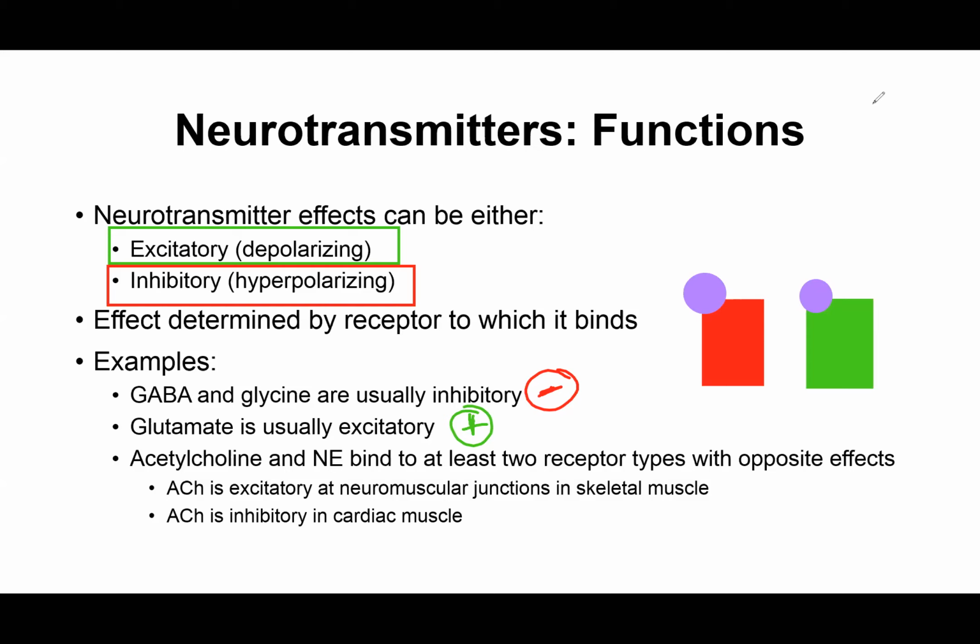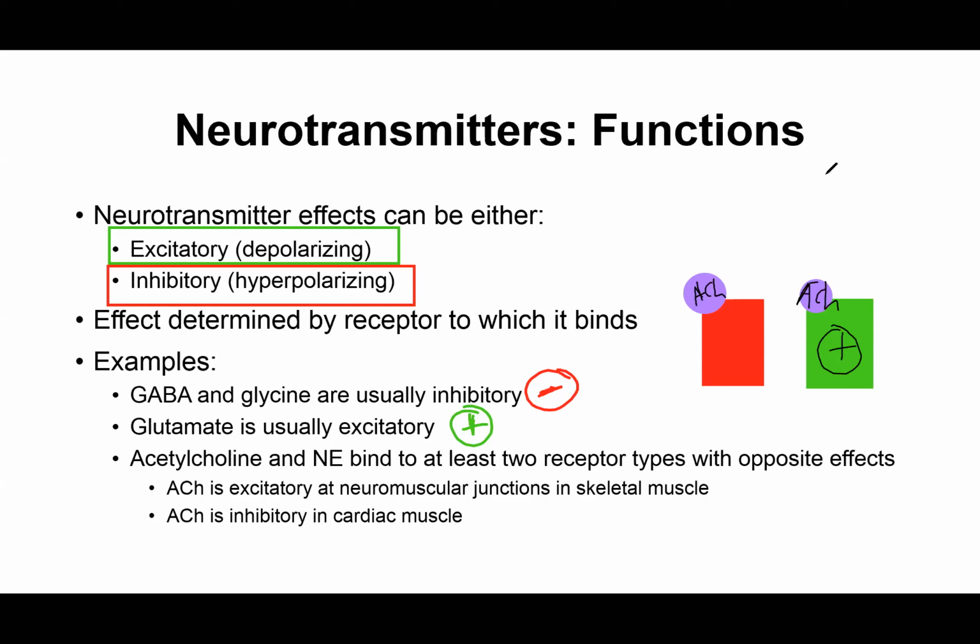And so this ties back to the example that I was giving you guys earlier, that say this is acetylcholine. This is also acetylcholine. If it binds to this receptor, which we're going to say is at the neuromuscular junction, it's going to cause an excitatory response.